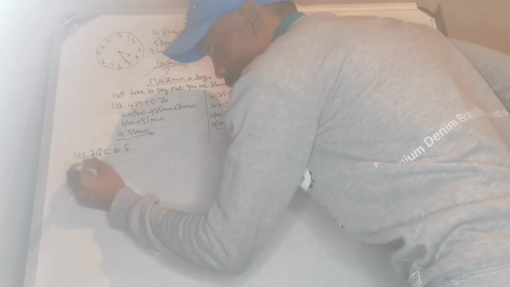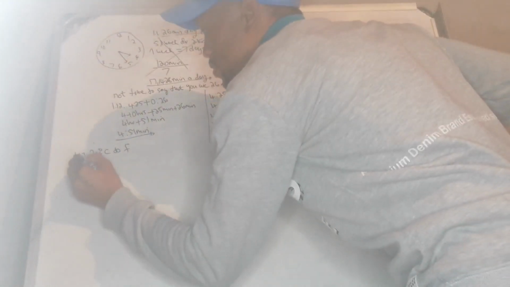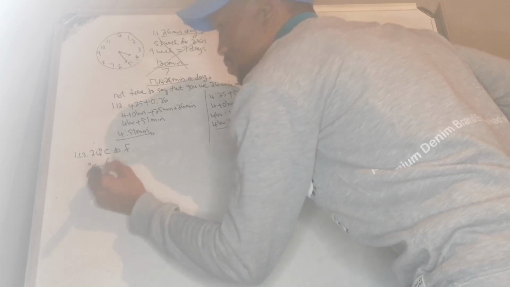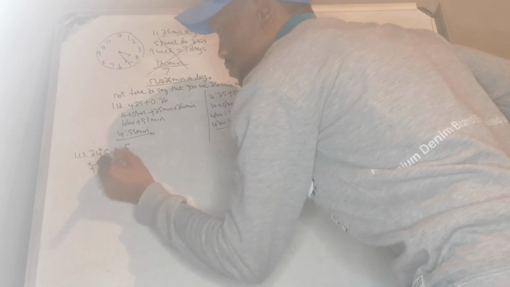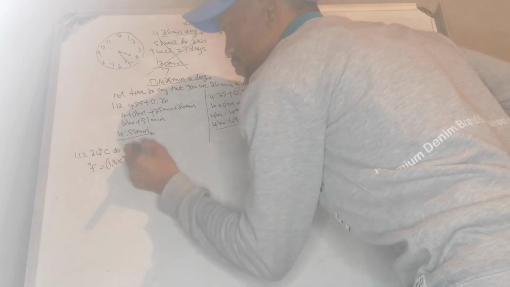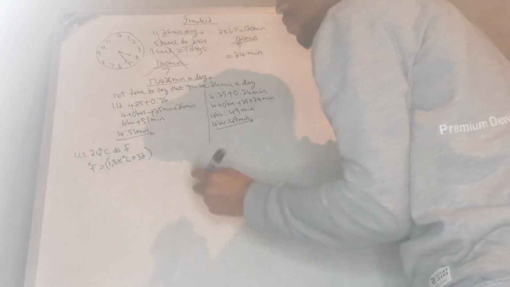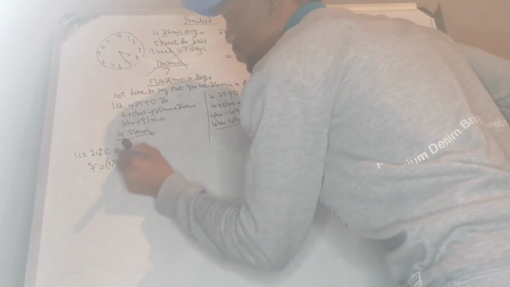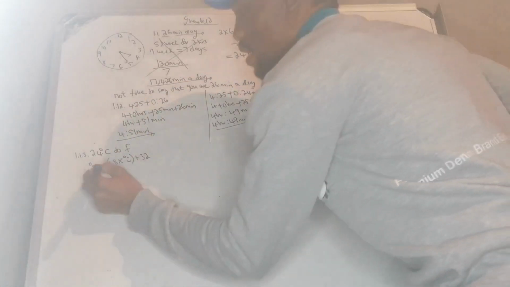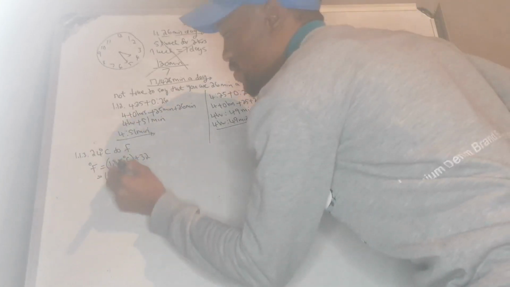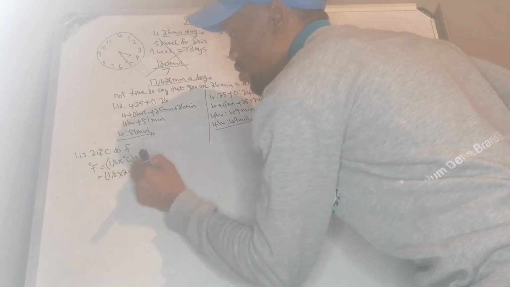Temperature in Fahrenheit is equal to 1,8 multiplied by degrees Celsius plus 32. So we say 1,8 multiplied by 24 degrees, plus 32.